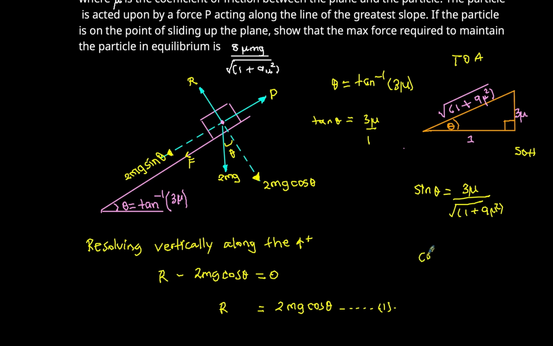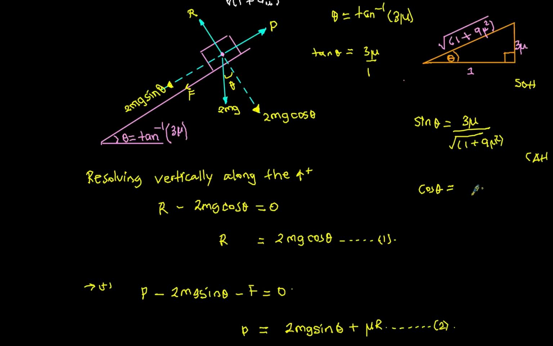Then cos theta is adjacent over hypotenuse, which is 1 over root of 1 plus 9 mu square.